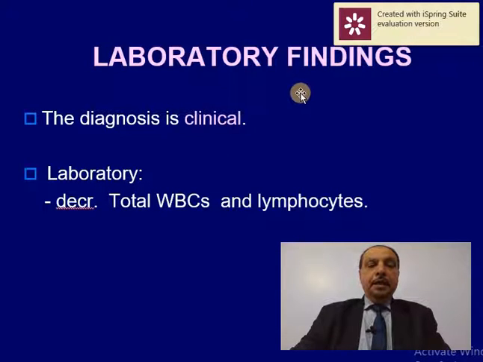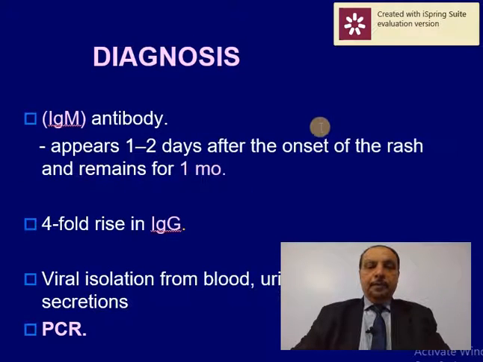Then regarding the fever, the signs of coryza, cough, and conjunctivitis, and the Koplik spots, which are pathognomonic for measles. Then regarding laboratory investigations, there will be a decrease in the total white blood cells and lymphocytes.